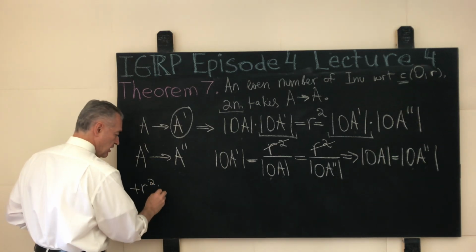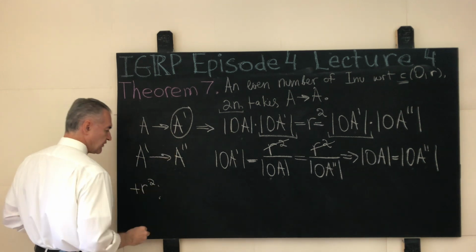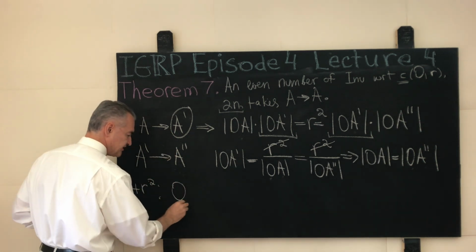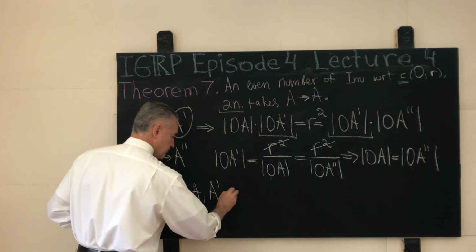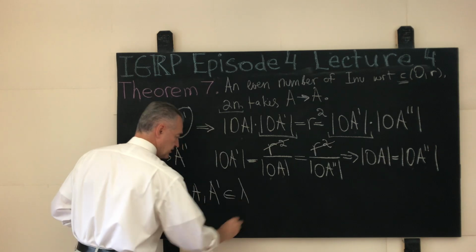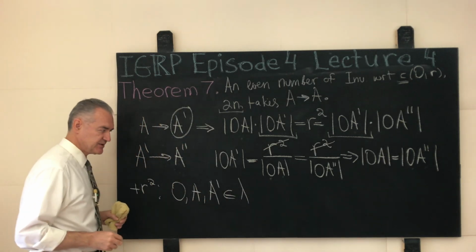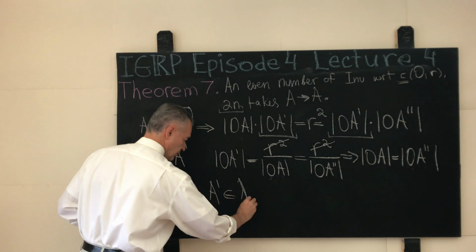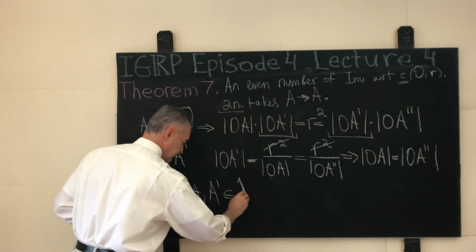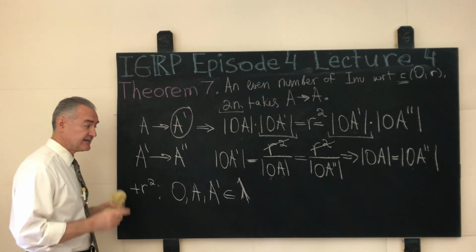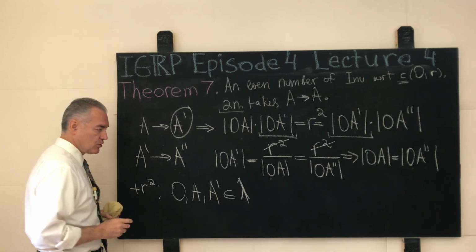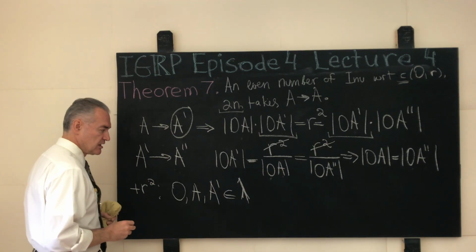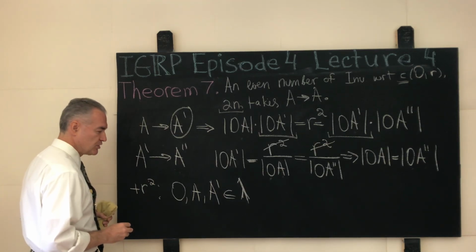We know that according to our condition 1, the points O, the center of inversion, A and A prime must belong to one and the same straight line. I will give it a fancy name, lambda, just to imprint it onto our minds that these points are collinear by definition.